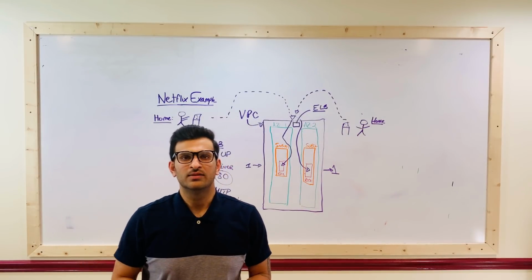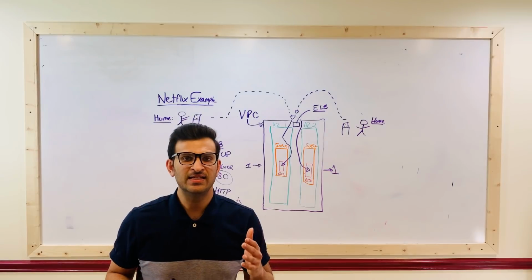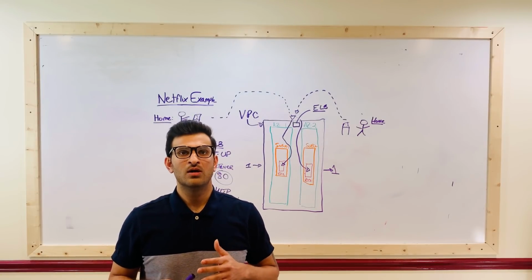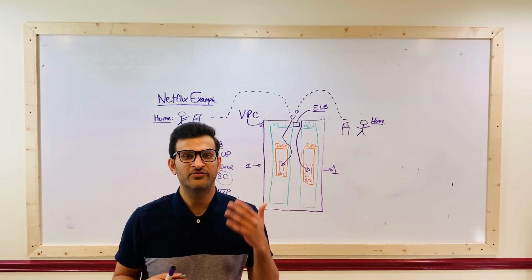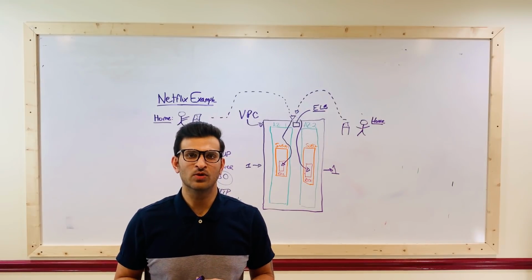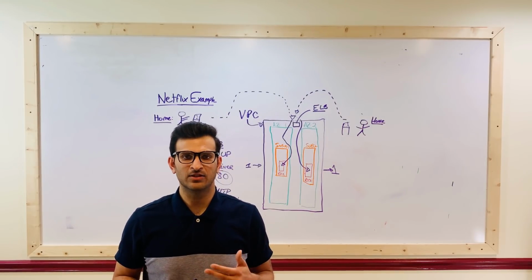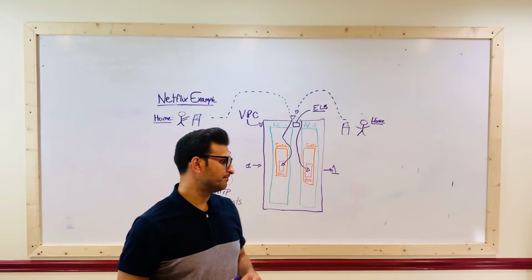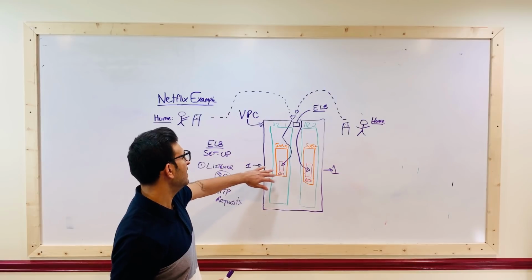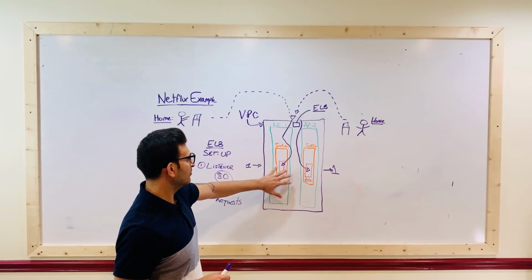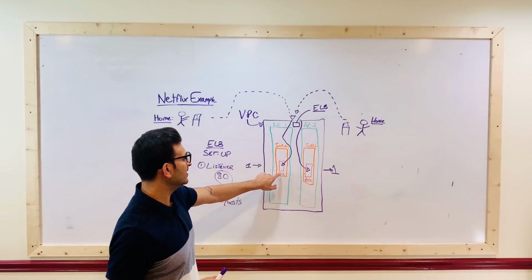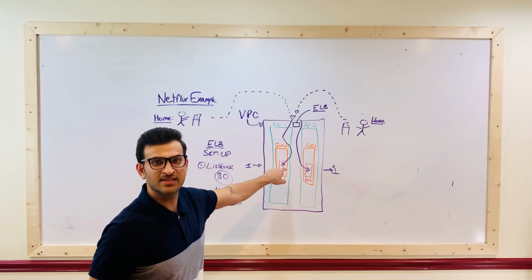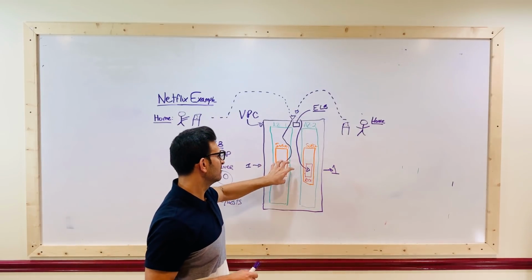So the elastic load balancer's job is to enhance fault tolerance. That's the key word, okay? Whenever you use an elastic load balancer, it is used to enhance fault tolerance. And that's because, let's say that this subnet broke, right? Let's say there was a malfunction in this EC2 instance itself, and it broke.